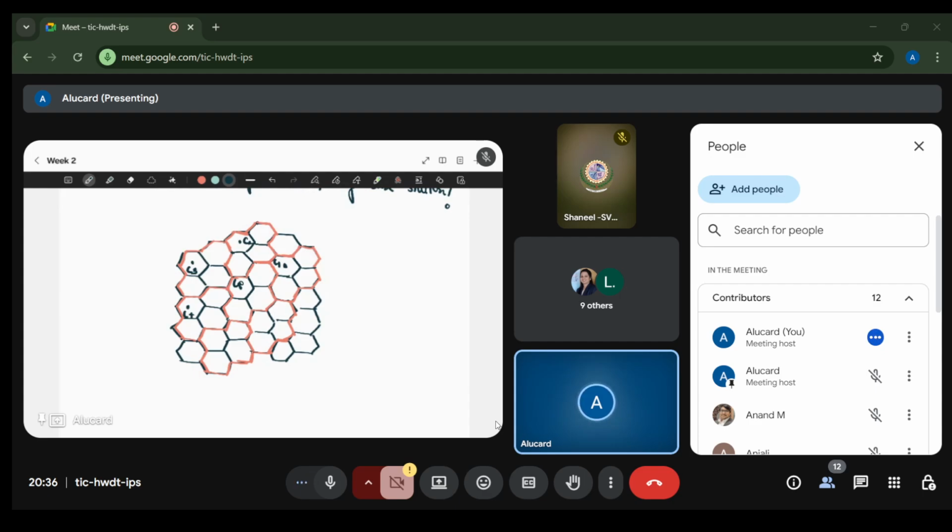Did I make a mistake somewhere? I think I made a mistake in forming the clusters. Let me erase them and do them again.